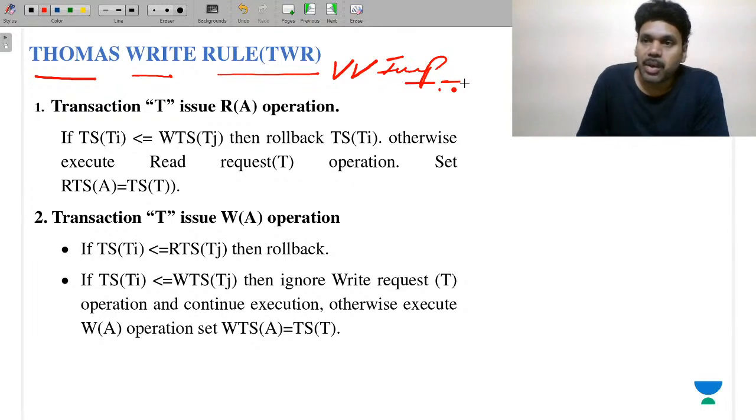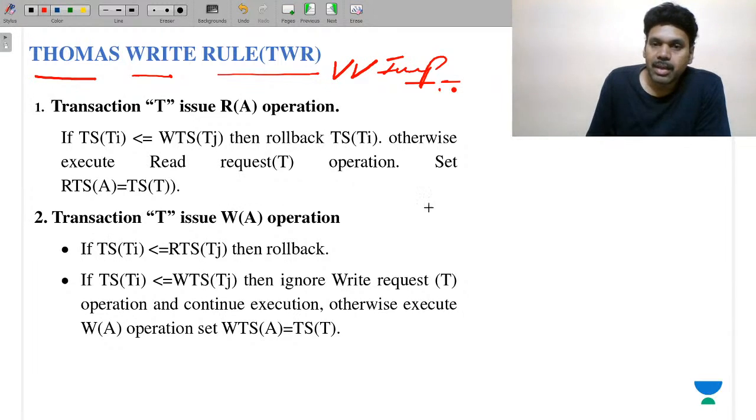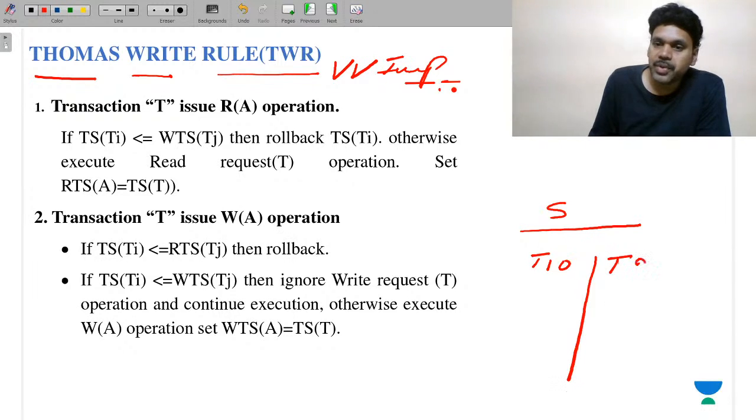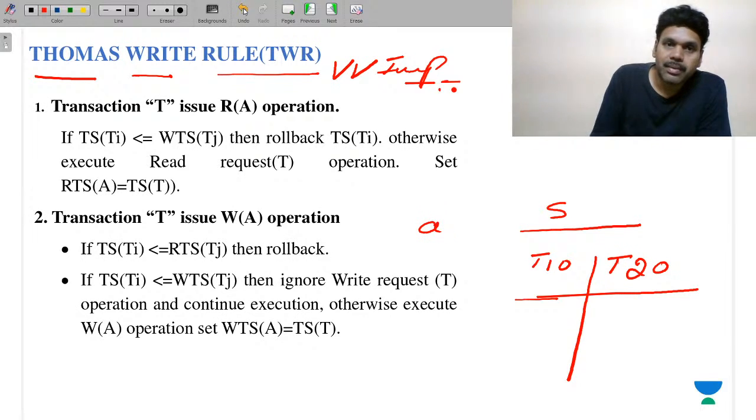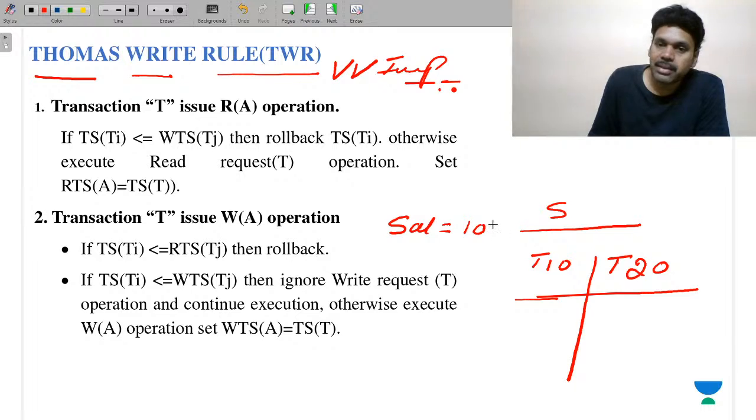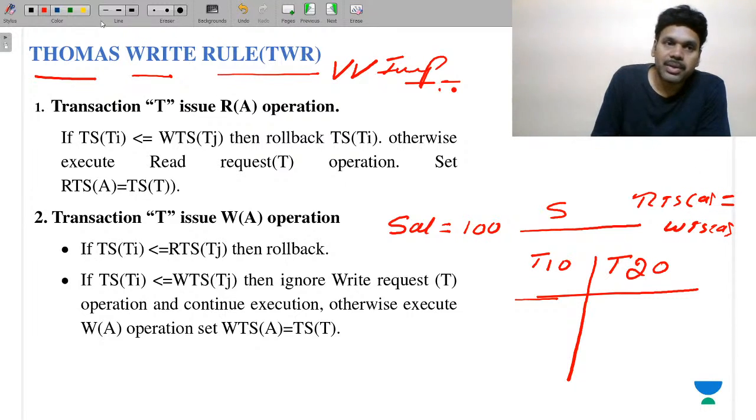So what is the Thomas Write Rule? Let me tell you. T10 and T20. Please observe, friends. Salary is equal to 100. RTS of A is equal to 0. WTS of A is equal to 0.